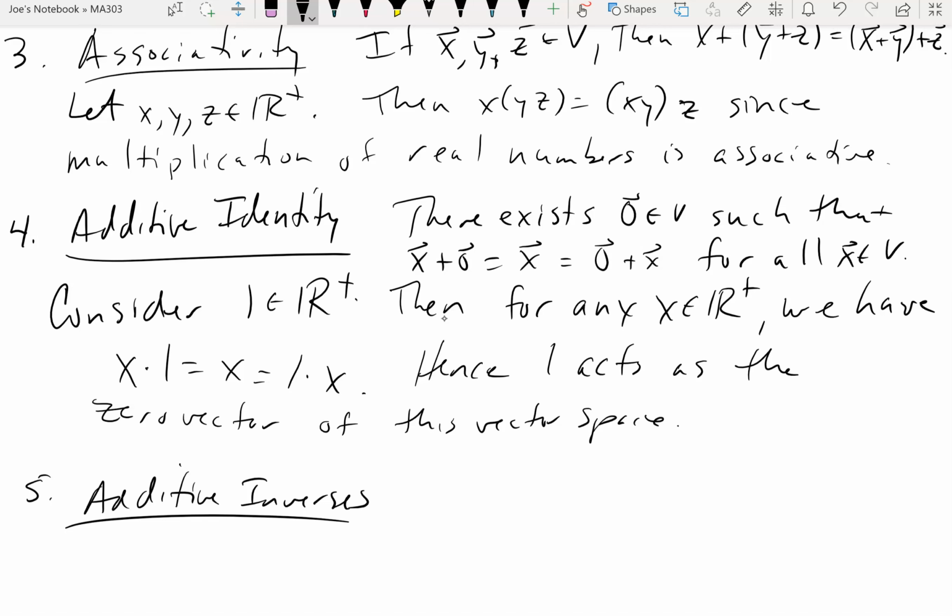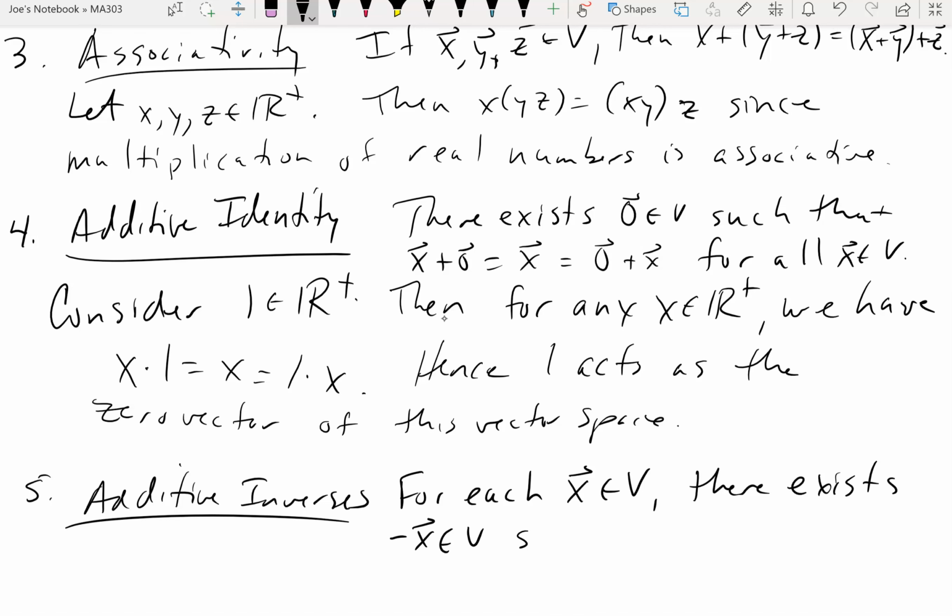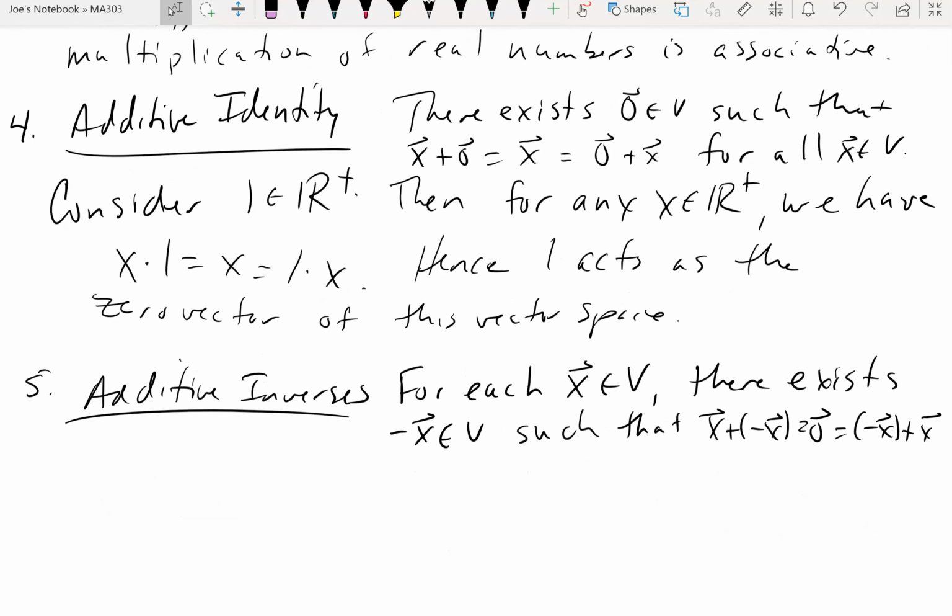This says, for each x in V, there exists a negative x in V such that x plus negative x gives me 0 and negative x plus x gives me 0.